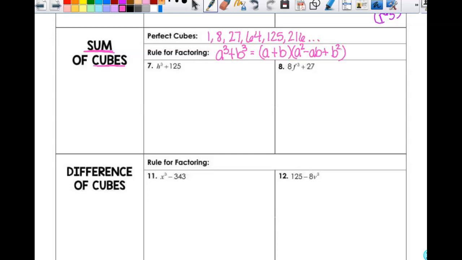Here's how you know what to do with the signs. You use the acronym SOAP. That stands for same, opposite, always positive. So write that down, then I'll explain it. Same, opposite, always positive.